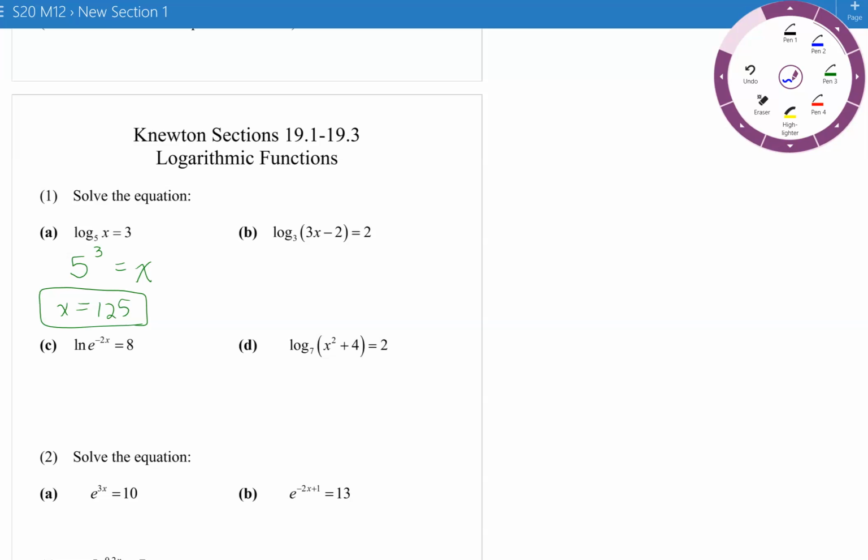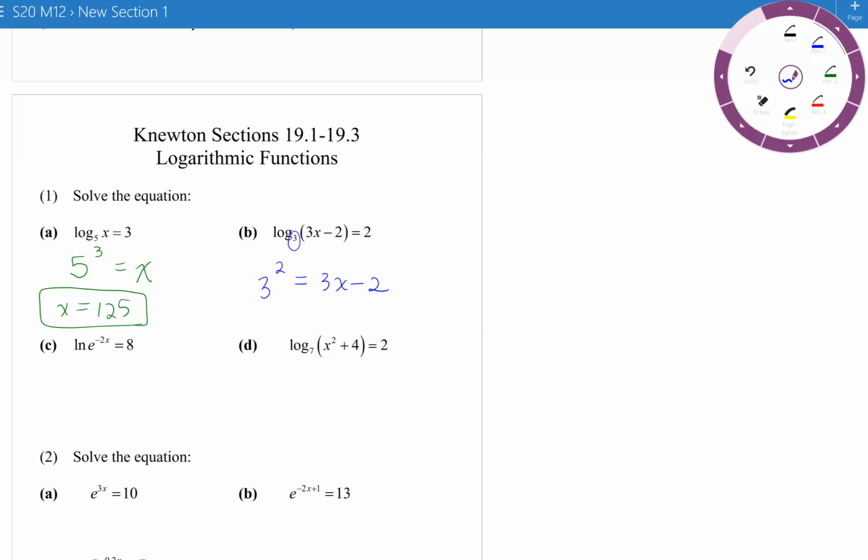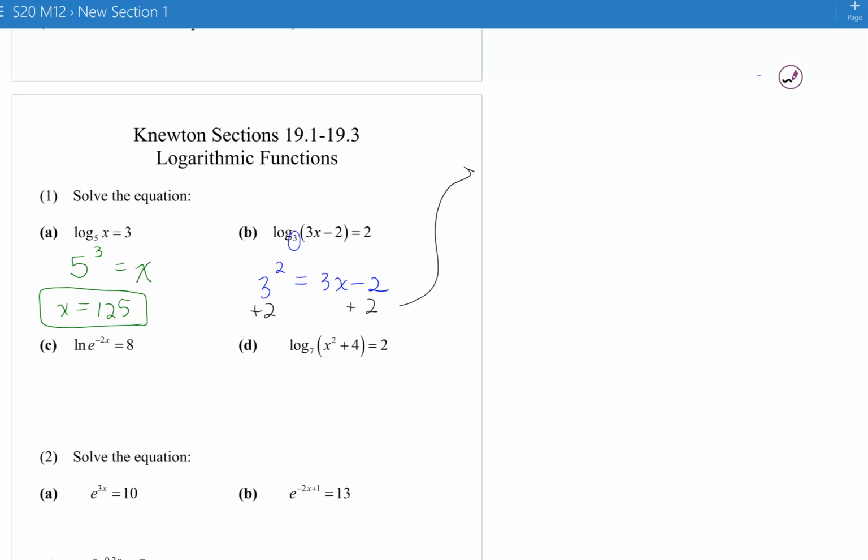Okay, then b says, here's my base of 3 to the power of 2 equals 3x minus 2. Oh, now the logarithm's gone because I wrote it in exponential form. Then I just need to solve this little algebra equation that I know how to solve. So I'm going to get 11 equals 3x. So x equals 11 thirds.